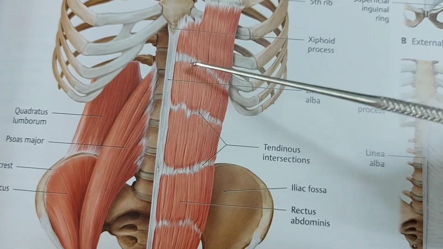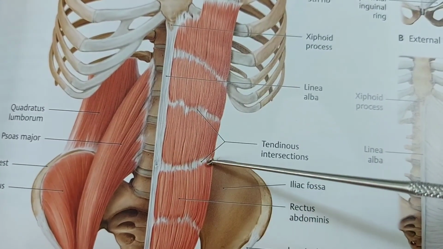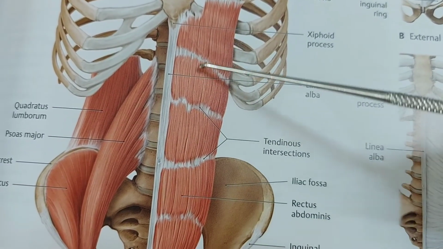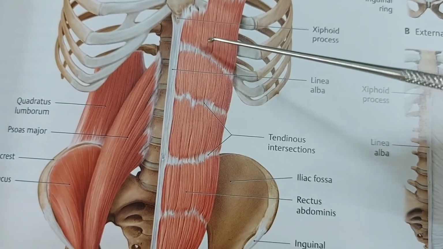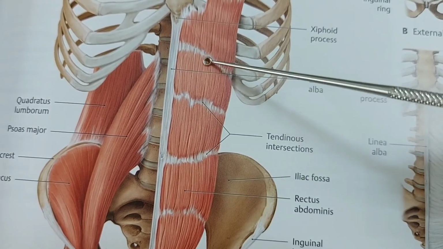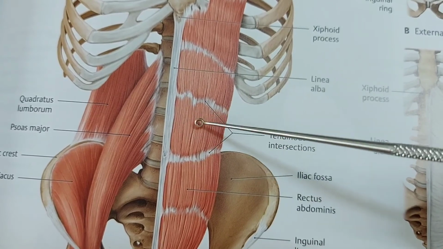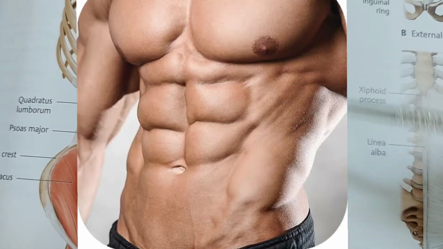This rectus abdominis muscle has some tendinous intersections. Here we see one tendinous intersection. There is another. There is another. There are three prominent tendinous intersections, and a bodybuilder can show these more prominently. There is a pack, so there will be three packs on each side.